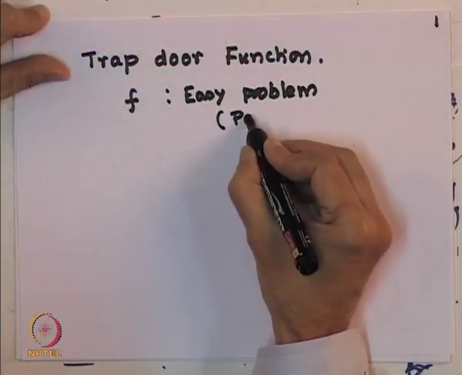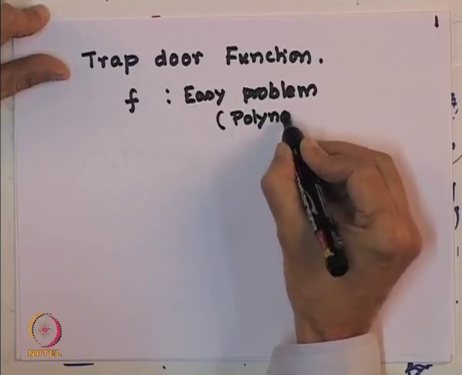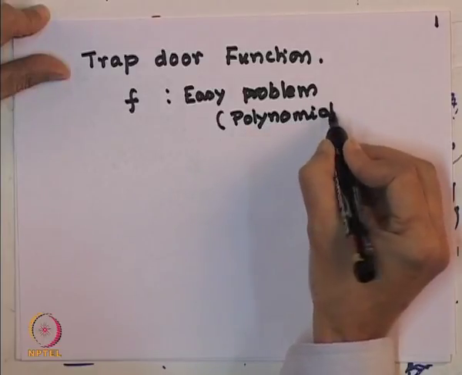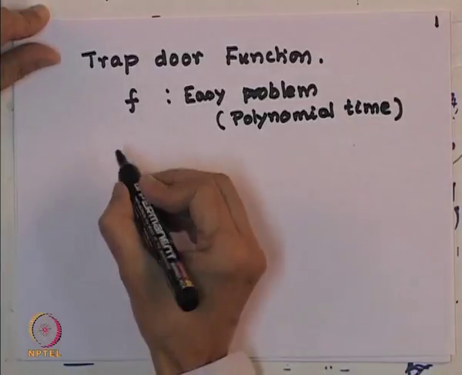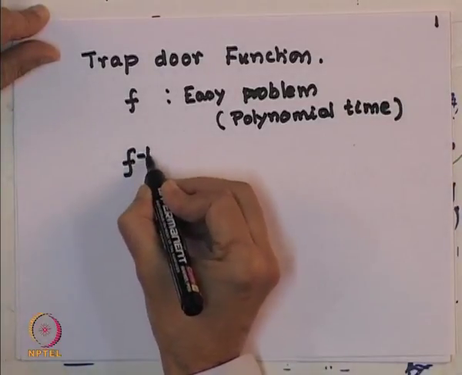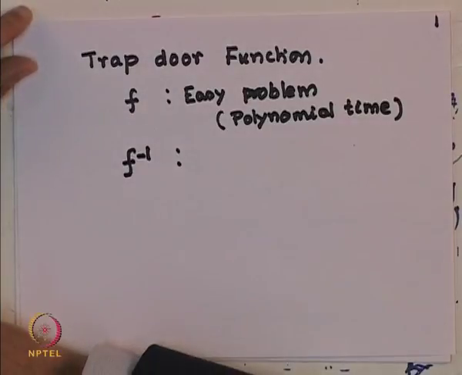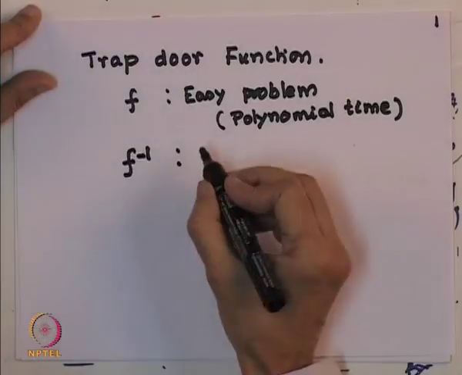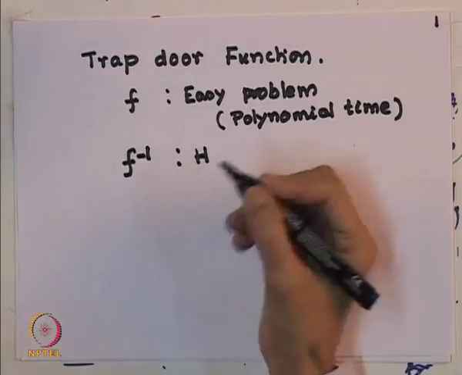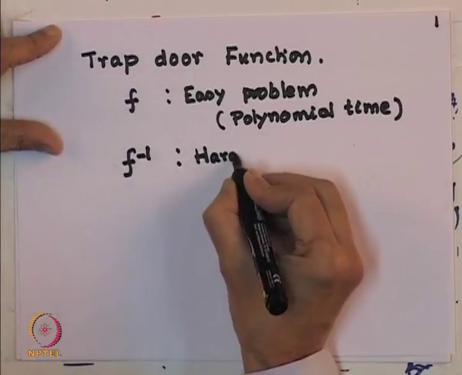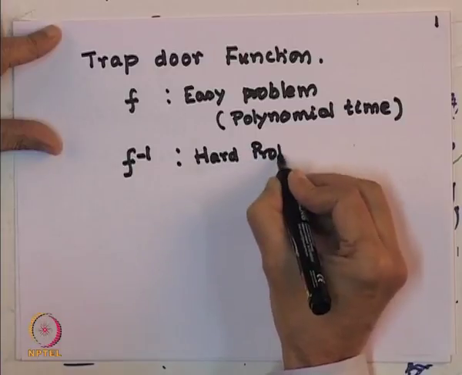We have seen this and discussed it several times. However, its inverse, that is coming back from that trapdoor to the other side, is a hard problem, usually a non-polynomial time or an exponential problem.